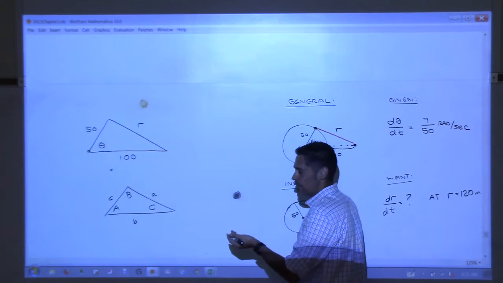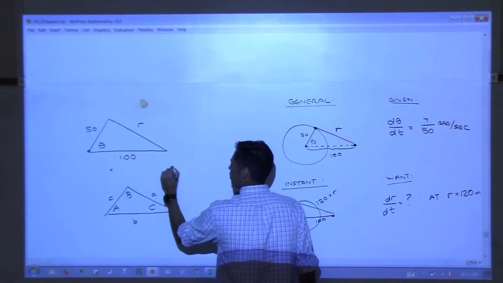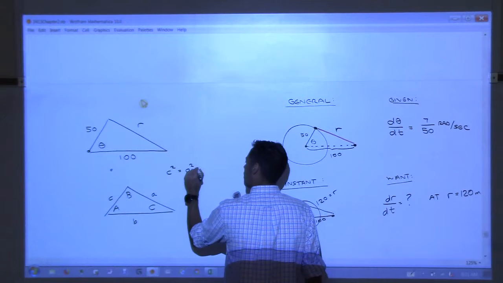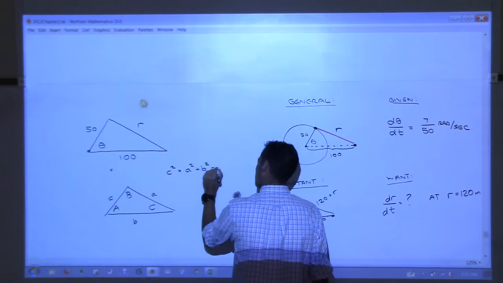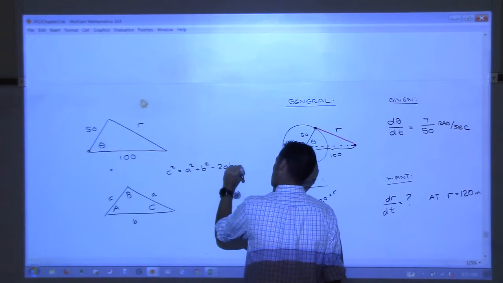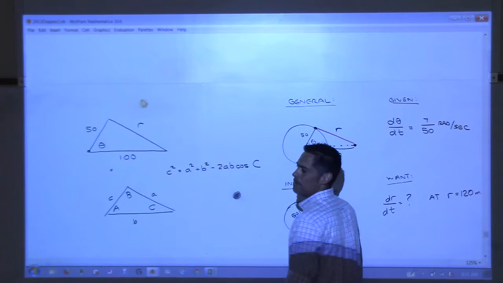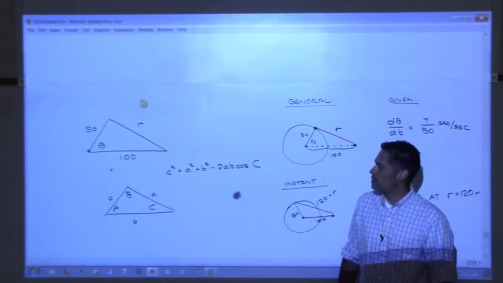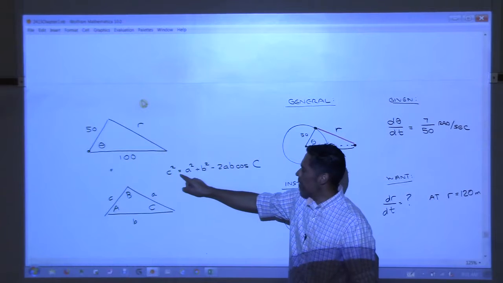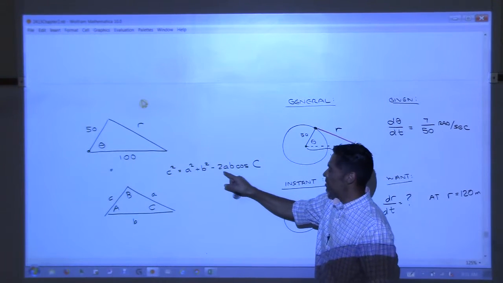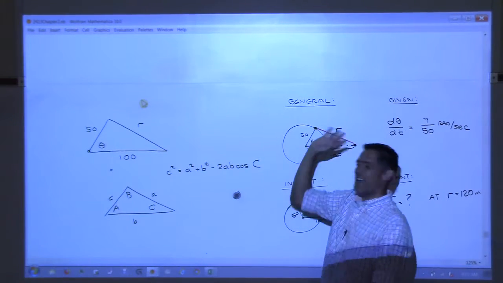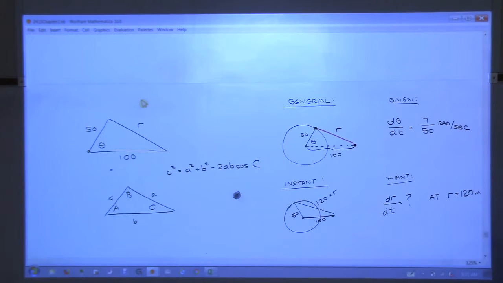Basically it says c squared equals a squared plus b squared minus 2ab cosine C. That's one of the formulas. Then you could have a squared equals b squared plus c squared minus 2bc cosine A. You can just switch the letters around. Does that look familiar from pre-cal?